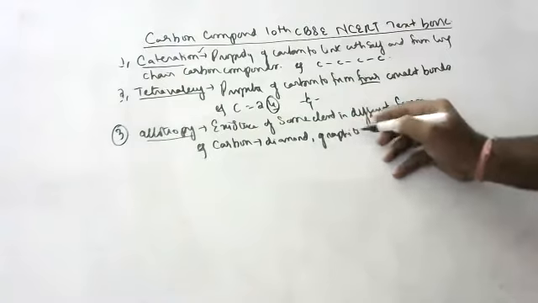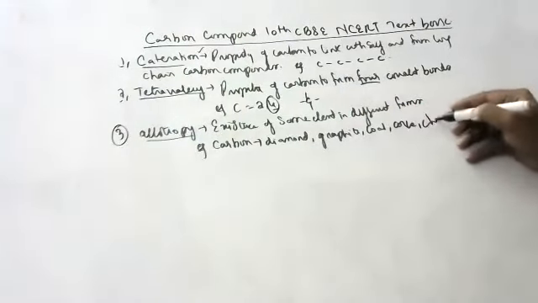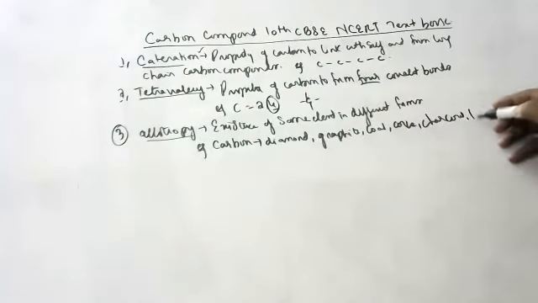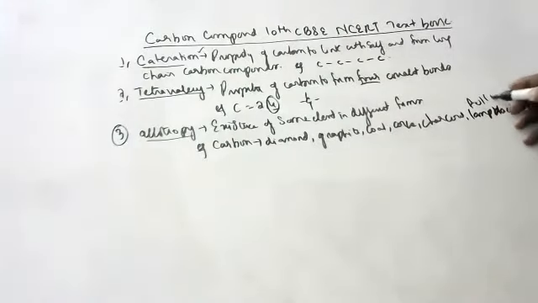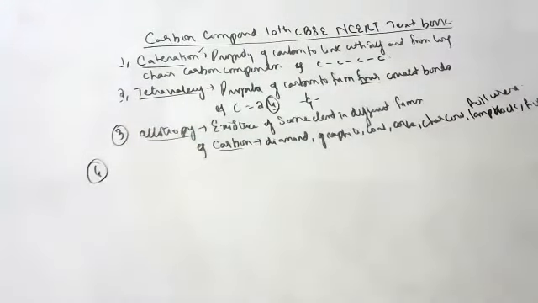Graphite is also pure carbon. Coal, coke, charcoal, lamp black, Buckminster fullerene. All these are carbon only, but carbon is available in different forms.